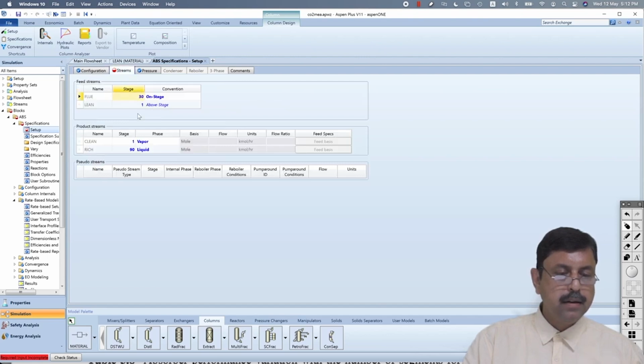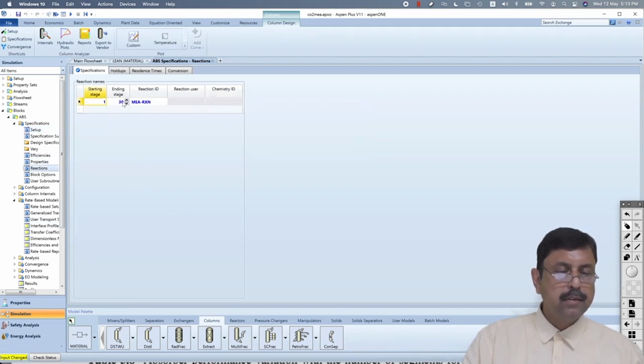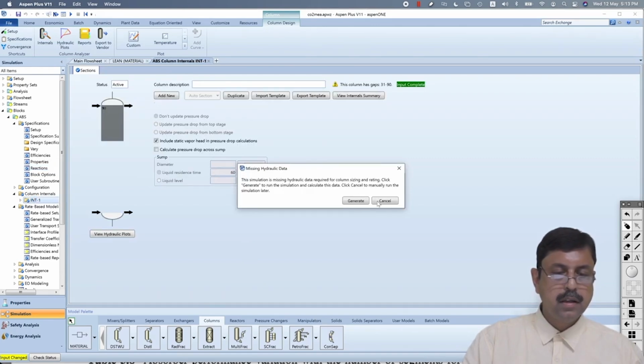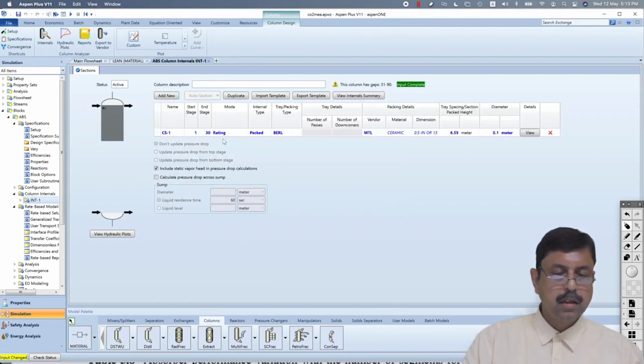Lean amine is entering on stage 90, and then the reaction is happening up to stage 90, and the column internals, the section is up to 90.